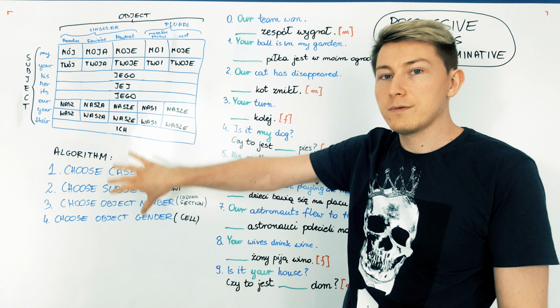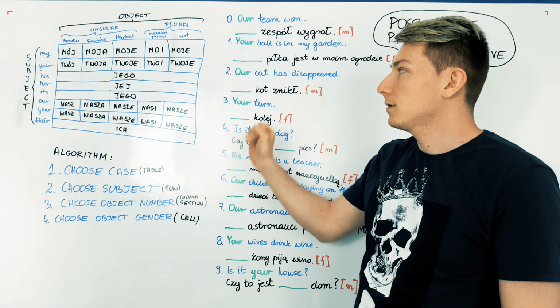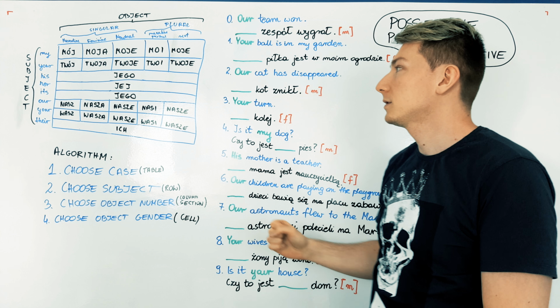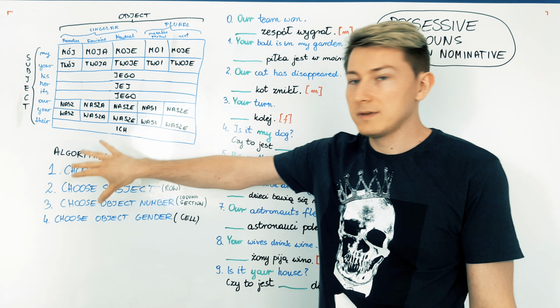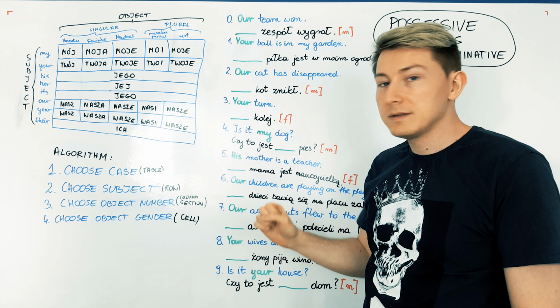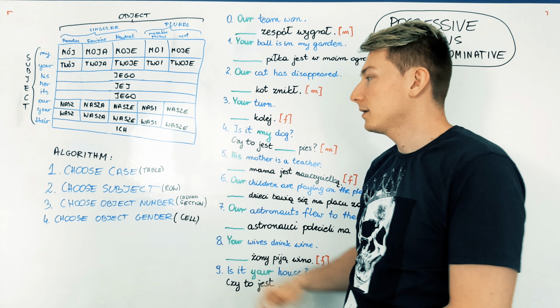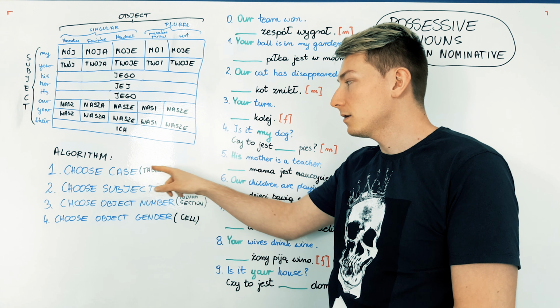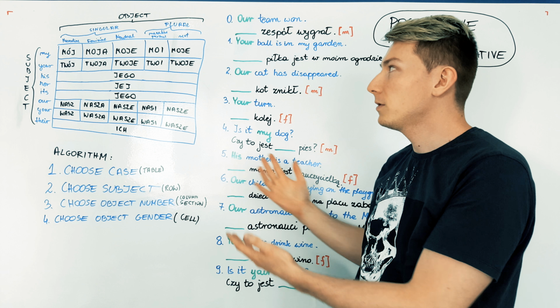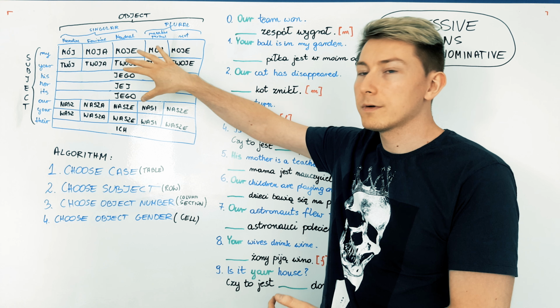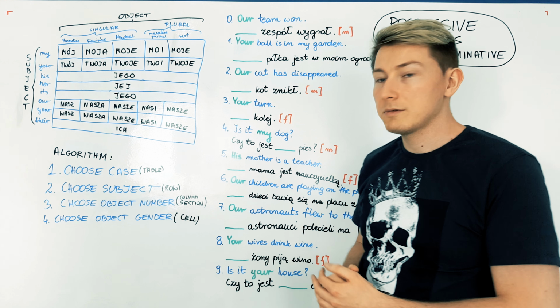Here I've prepared for you the cheat sheet, so you can always look here at what the possessive pronouns are, and below the table there is the algorithm. Let's quickly recap it. The first step, choose case or table. In this lesson we always use the same table for nominative, so the step is already done.